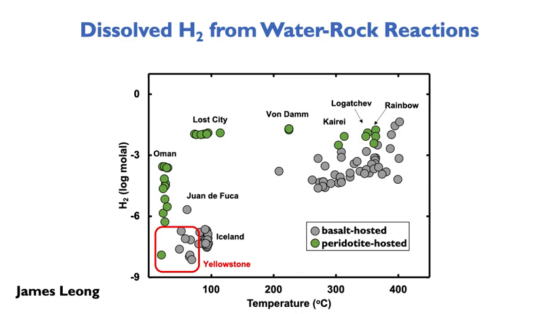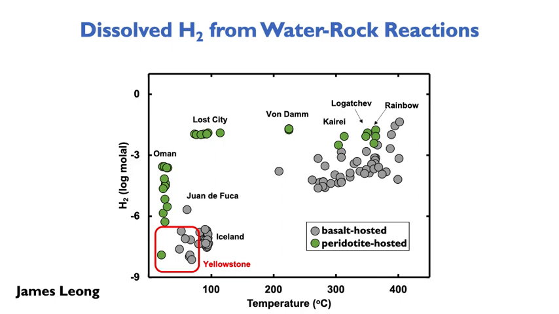Notice that the amount of hydrogen in these fluids is greater than the amount of hydrogen in basalt-hosted hot springs in Iceland or the rhyolite-hosted hot springs in Yellowstone. In fact, the hydrogen content of these serpentinized fluids rivals that of basalt-hosted hydrothermal fluids from the mid-ocean ridges, which make up the gray symbols on the right side of this figure.